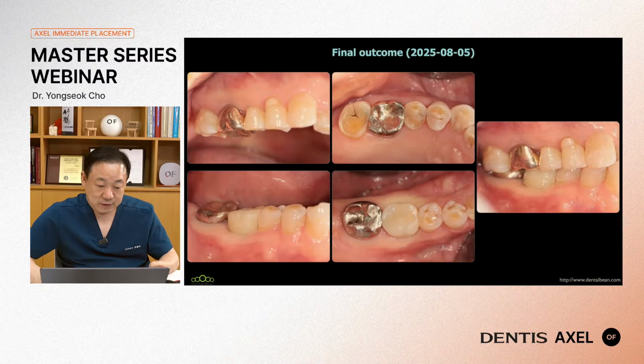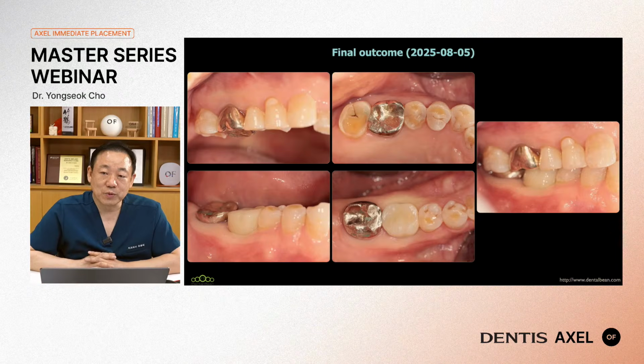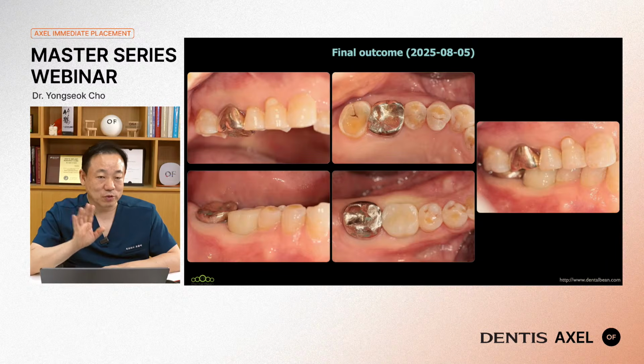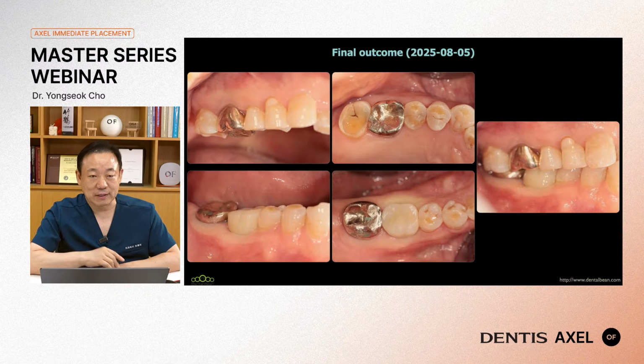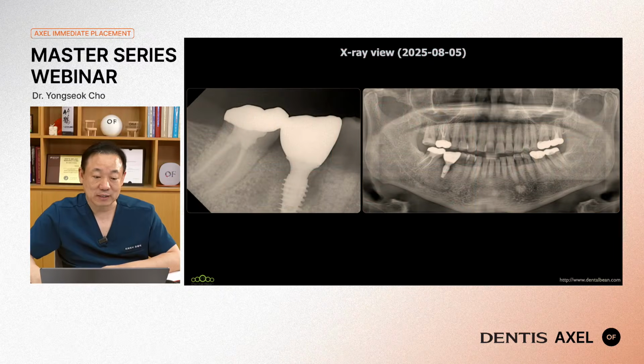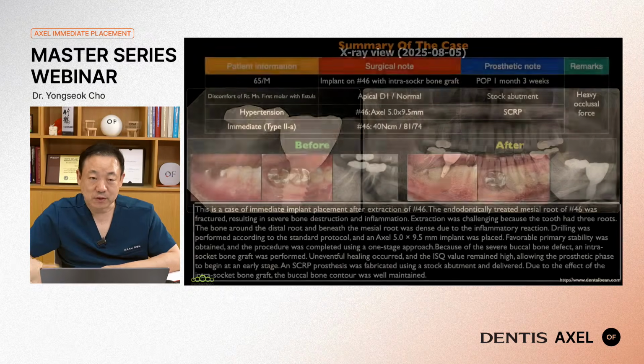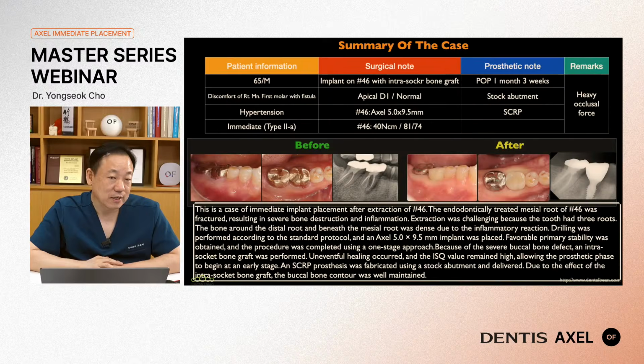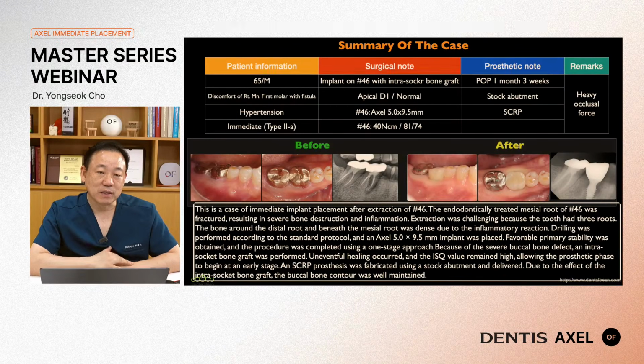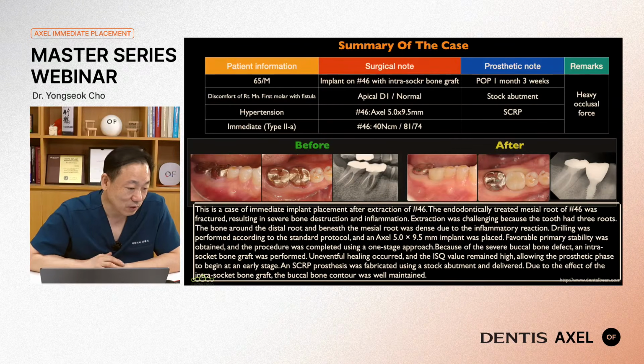In the soft tissue view, the buccal bone is slightly reduced, however, because of the grafting, the buccal bone volume is relatively well maintained. So this is the summary of this case. As you asked me, I do graft sometimes when buccal bone is lost.